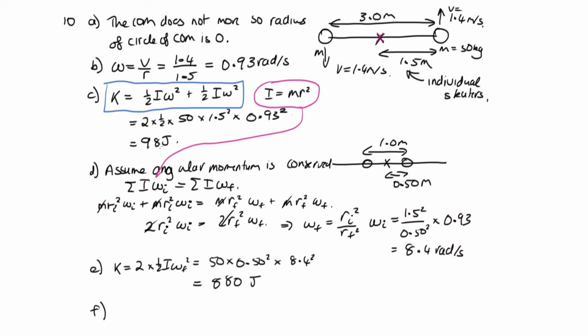Now, we can see that they've gained kinetic energy. In part C, they had 98 joules, but now that they've moved themselves closer to the center, they've got a higher kinetic energy, 880 joules. Part F is asking what provided the energy for the increased kinetic energy. The only thing that could have provided it is the work done by the skaters.